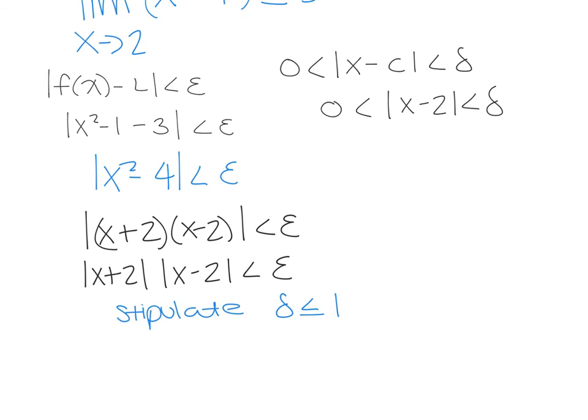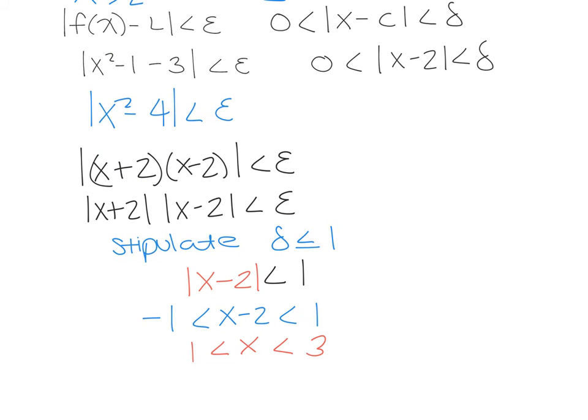I do that by stipulating that delta be less than or equal to 1, and we're going to create boundaries by manipulating the absolute value of x - 2, which is less than delta, and here we're stipulating that it's less than 1. So therefore I'm going to solve this interval, manipulate it so that it looks like this, and then I can do direct substitution.